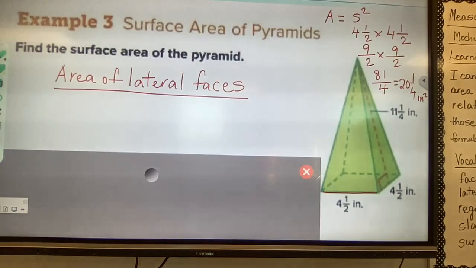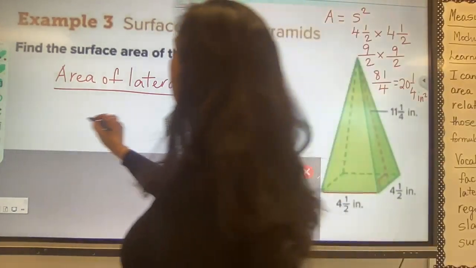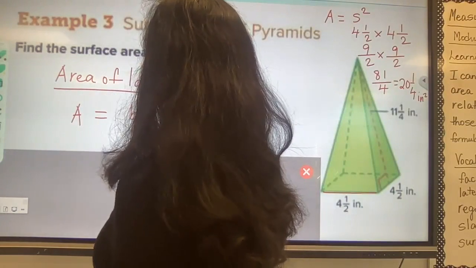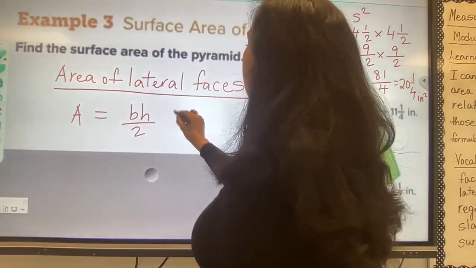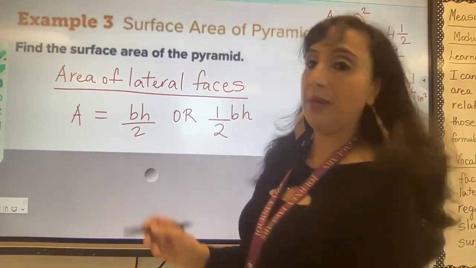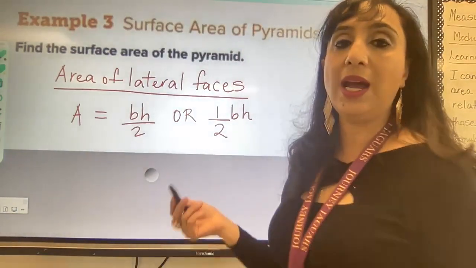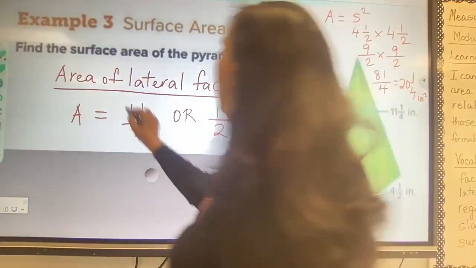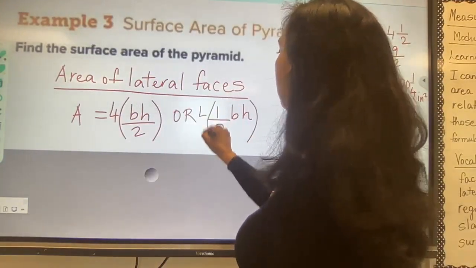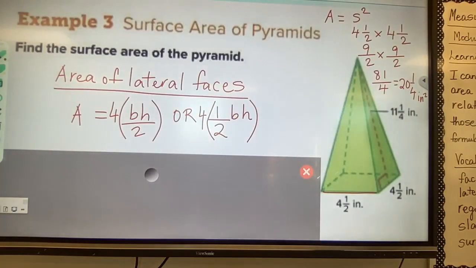So we are going to do area of a triangle. You can say base times height divided by 2, or you can say 1/2 base times height. Both mean the same thing. Now since there are 4 of them, we are going to do times 4. Whichever works for you, you can use that.